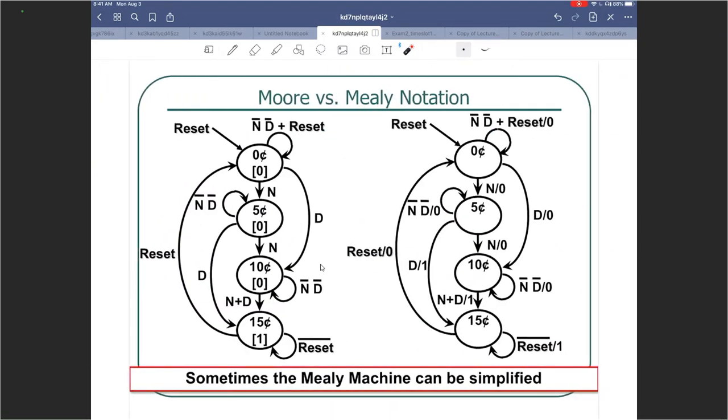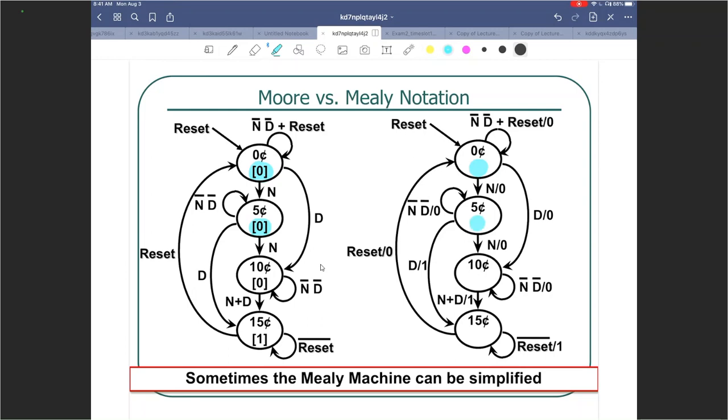So if you look at both of them side by side, things might look very, very simple in terms of number of states, the arrows, the inputs that are causing those transitions. A lot of things look very similar in terms of Moore and Mealy design. There are some obvious differences.